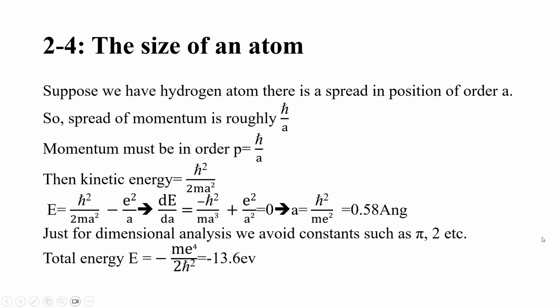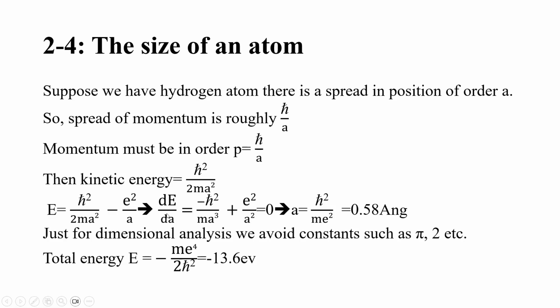Now, the size of an atom. Suppose we have a hydrogen atom, there is a spread in position of order A, so the spread of momentum is roughly h cross upon A. So momentum must be of the order of h cross by A. The kinetic energy must be h cross square upon 2m A square. So we can write the total energy in this form.